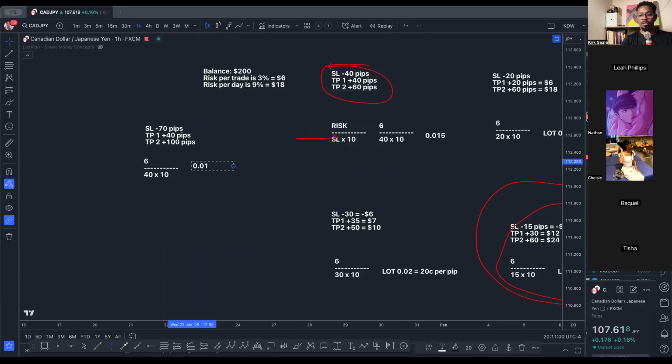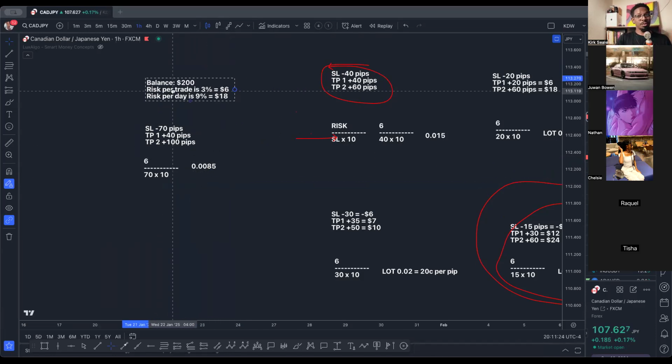And that gives us 0.0085. All right. We can't take this trade because we don't have a lot size. We don't have a mini lot, it only goes as low as 0.01. Right? This is telling us we've got to use an eighth of a cent. We can't take this trade. All right. With our account, we can't take this trade. Okay.